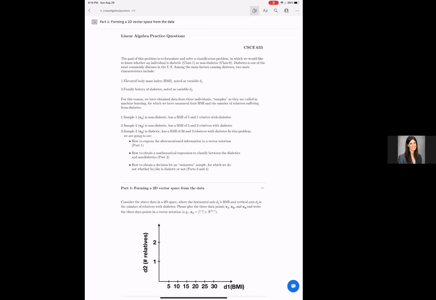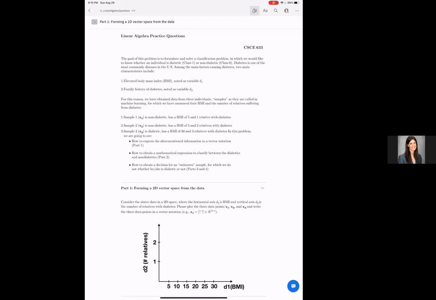As per our example, we have training data from 3 individuals, samples X1, X2, and X3. For those 3 individuals, we know both their attributes, meaning the BMI and the family history, as well as their outcome, meaning whether they're diabetic or non-diabetic.